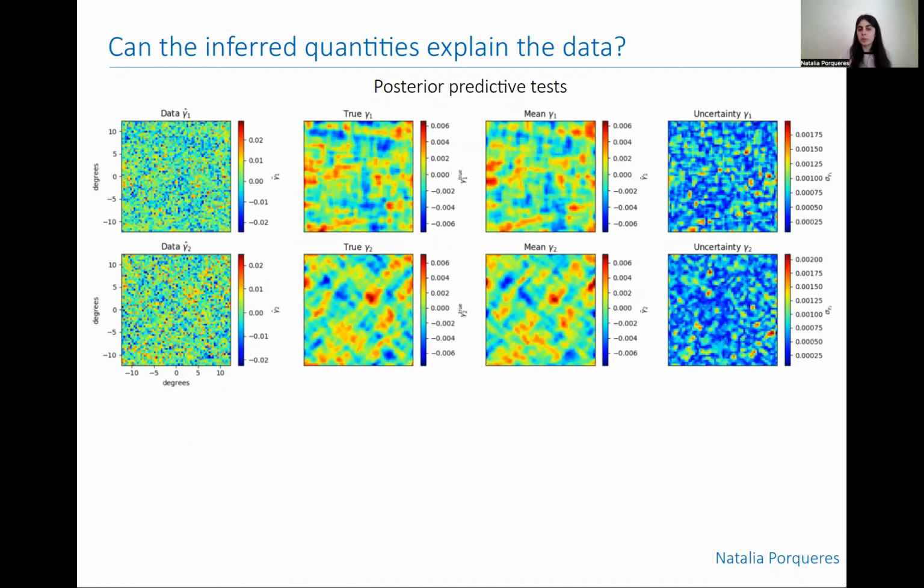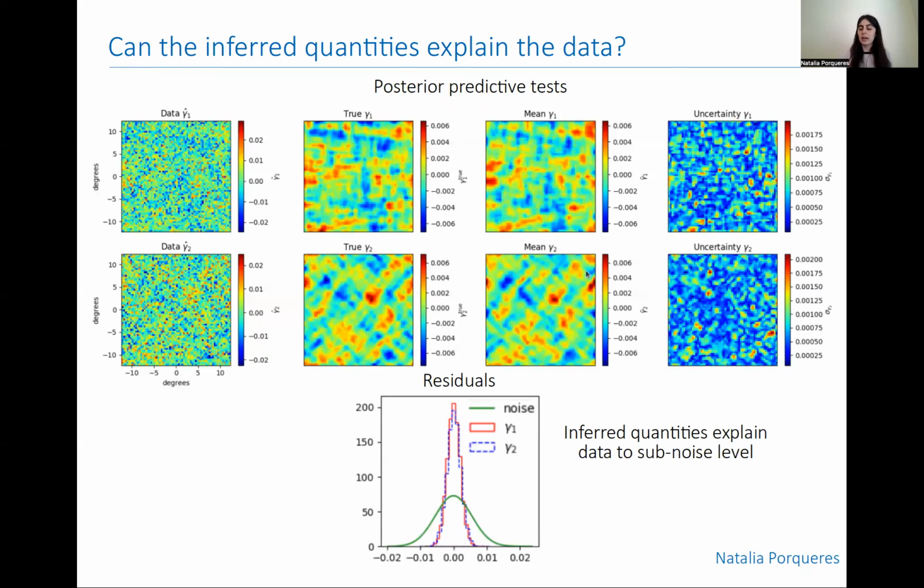And here we computed the residuals between the truth and the posterior predictive test, and we see that for this proof of concept, Borg was able to infer the quantities, and the inferred quantities can explain the data at a subnoise level.